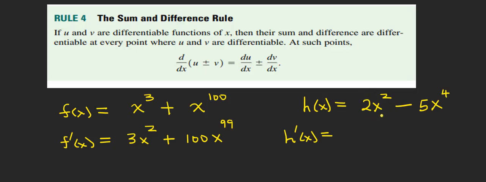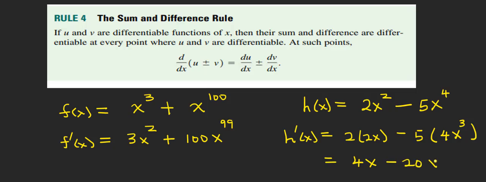It's going to be the derivative of 2x squared, which is the same thing as 2 times 2x, minus 5 times 4x to the third. So you clean it up, you're going to get 4x minus 20x to the third.